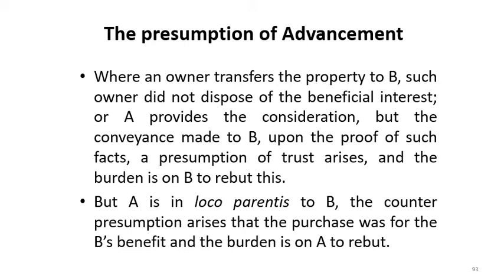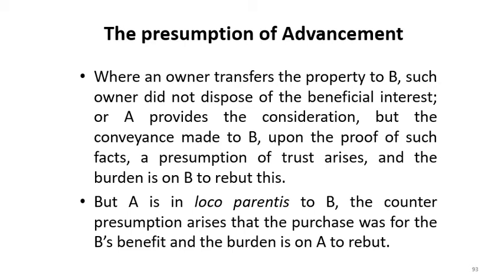Likewise, in section 84, A provides the consideration, so A must prove that he has paid the consideration. But the conveyance is made to B, so he must prove that he has paid such consideration not for the benefit of B. Then there are two issues in each section that must be proved or established.